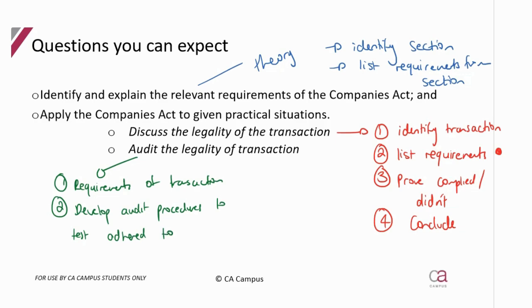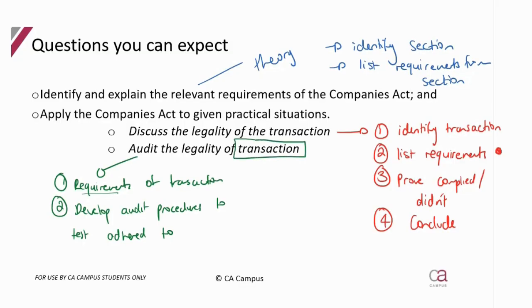Just note here, I just say you need to identify in point 1. You don't need to list the requirements. That is wasting time. There will not be marks there. You just need to see, okay, the transaction that they've entered into is financial assistance to a director. Go to that section. What are the requirements? I see those are the requirements. Okay, what are the requirements?